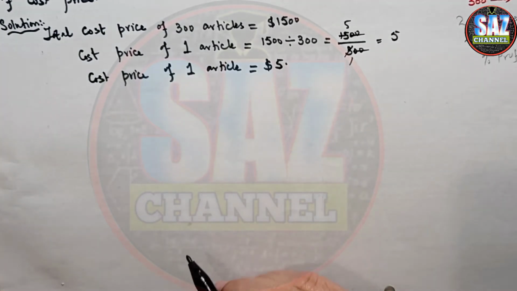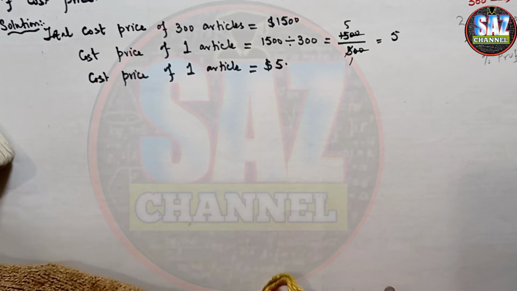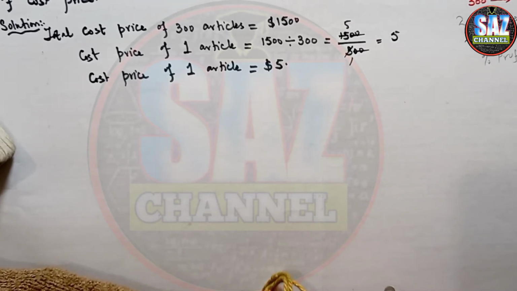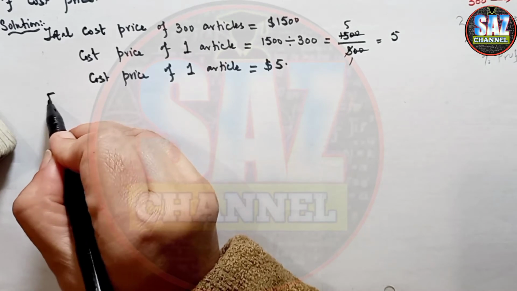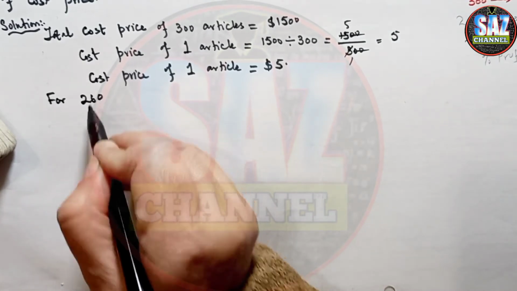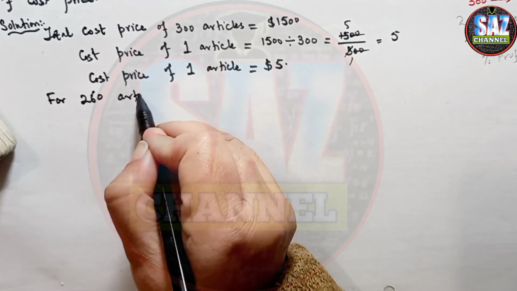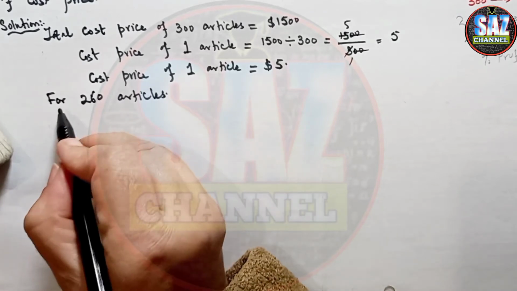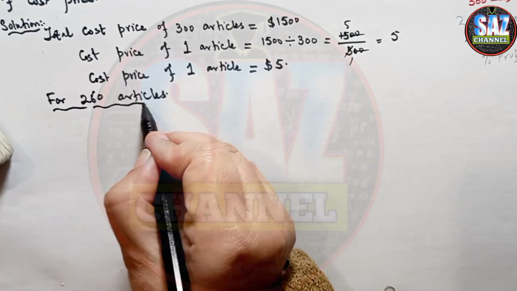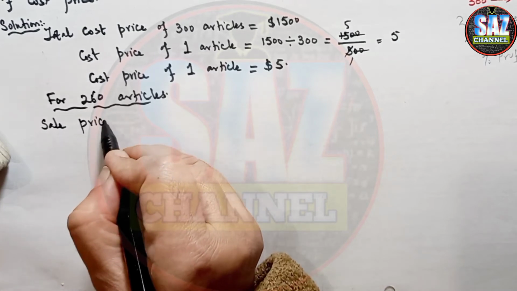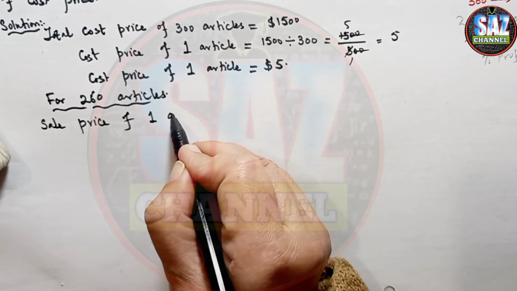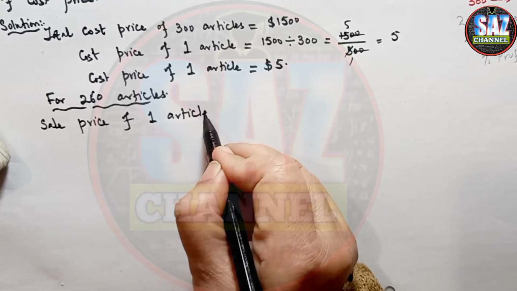Now the next part of the question says that he sells 260 articles at a price 20% above the cost price. First of all, we have to find the sale price of one article for these 260 articles.